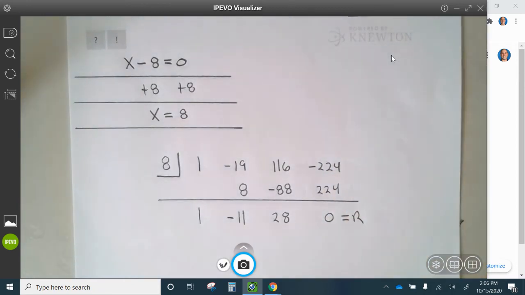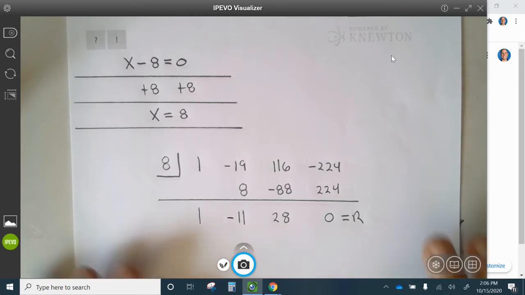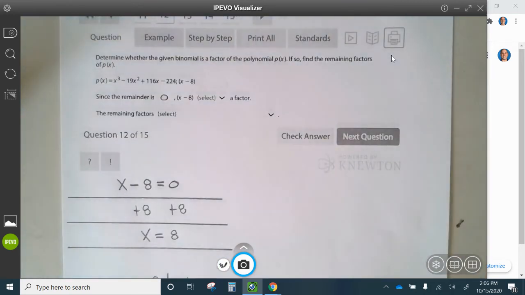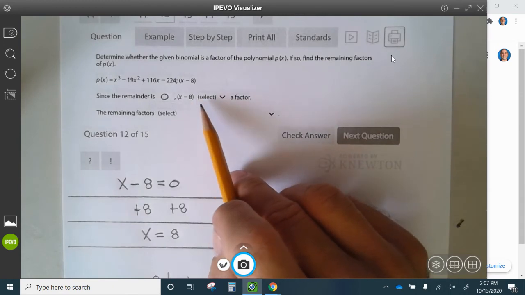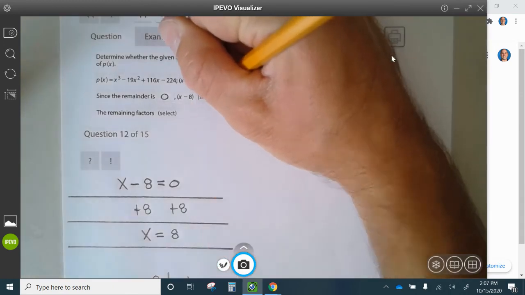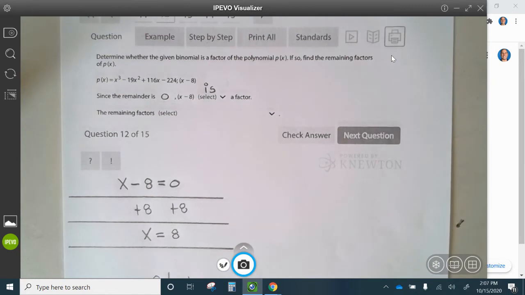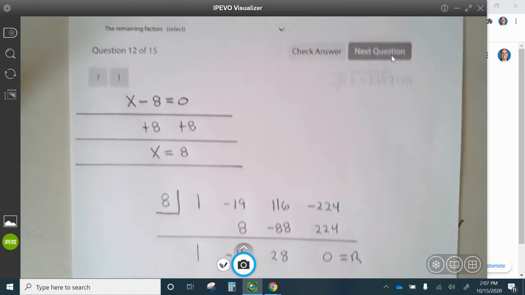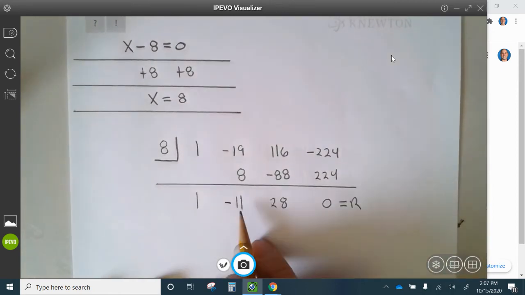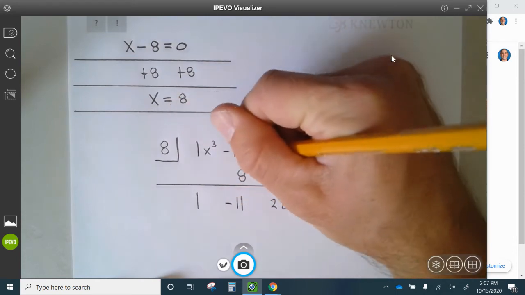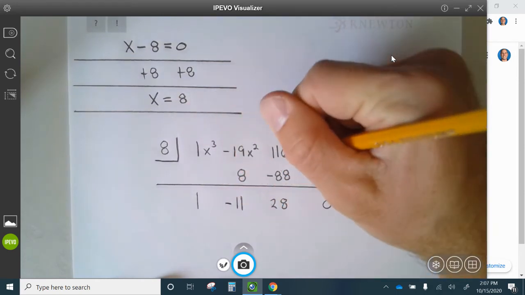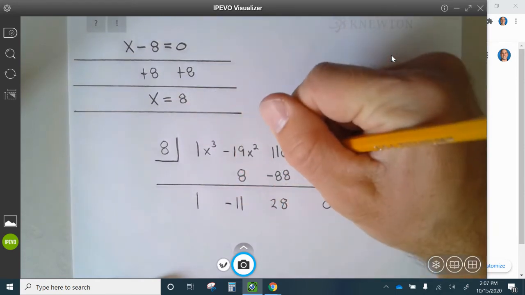Since the remainder is 0, x minus 8 is a factor. To find the remaining factors, we're going to have to factor this. We know that this was x cubed, x squared, x, but when you divide, the exponents decrease by 1.